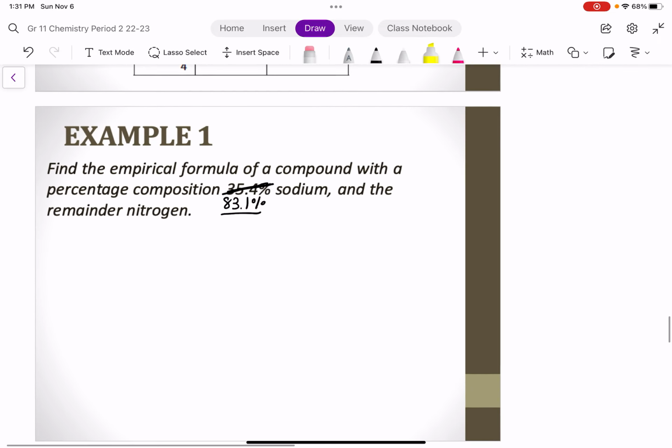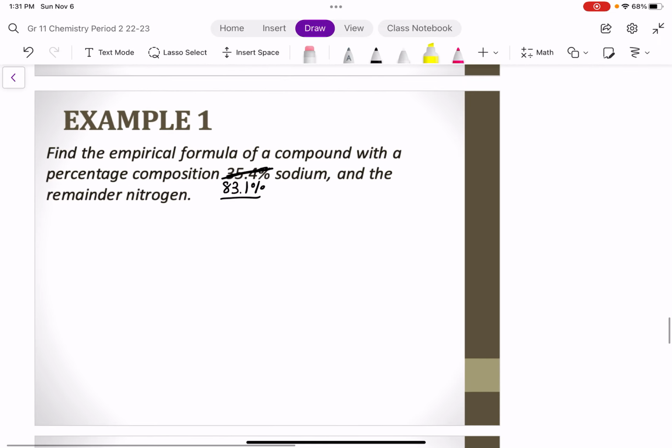The first example says find the empirical formula of a compound with a percent composition of 83.1%. Change this value, it's not correct in your workbook. 83.1% sodium, and the remainder is nitrogen. So again, with percent composition, we are given that the mass percent of sodium is 83.1%, and the rest is nitrogen.